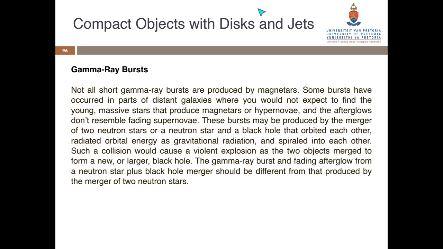Such a collision would cause a violent explosion as the two objects merge to form a new, larger black hole. The gamma ray burst and fading afterglow from a neutron star plus black hole merger would be different from that produced by the merger of two neutron stars.